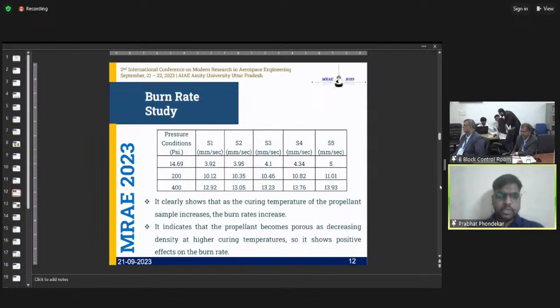But for sample 2, sample 3, sample 4, and sample 5, the curing temperature is increasing, so with increasing curing temperature, the burn rate is also increased. Basically, it is because the sample is getting more porous. So some air gaps are present in the samples, and because of that air gap, the burn rate is getting increased.